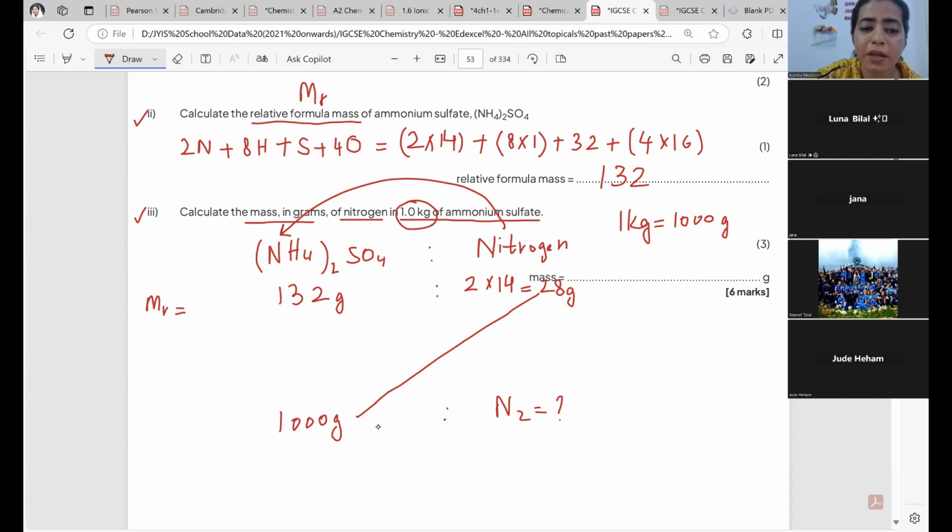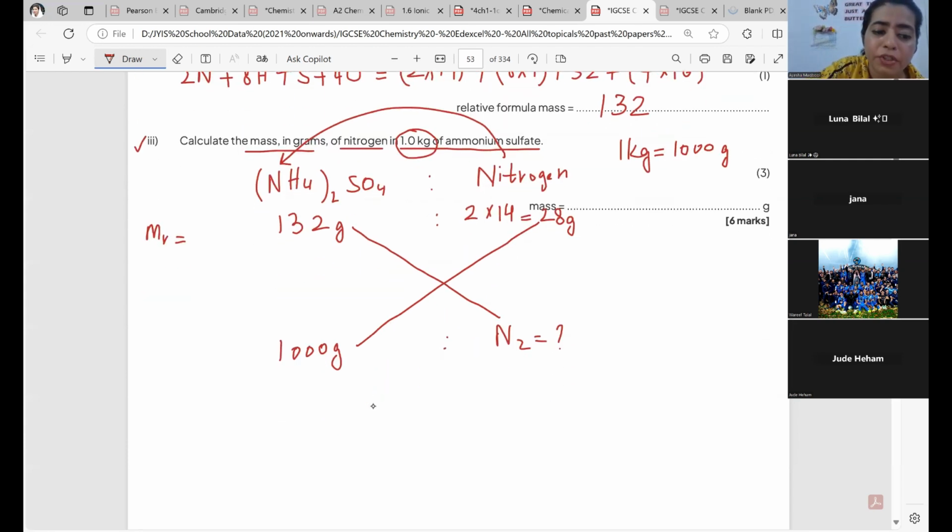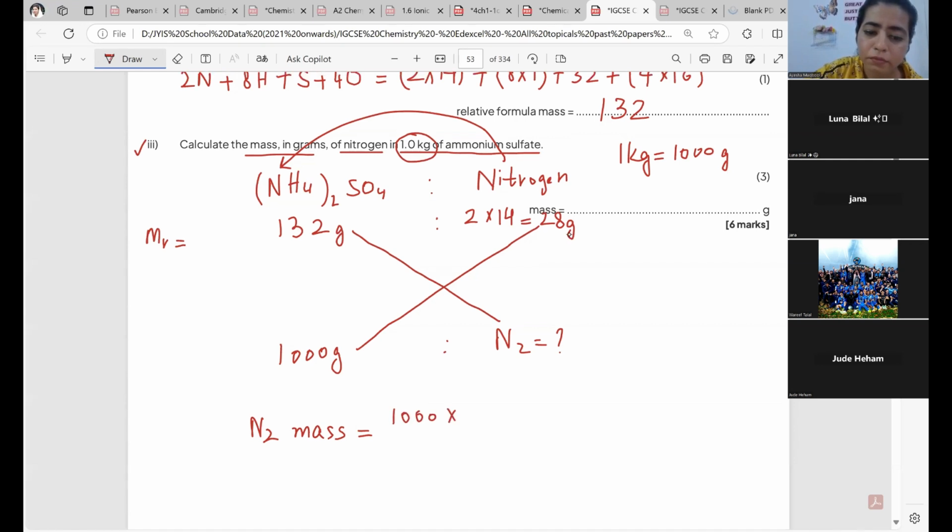Cross multiply 1000 with 28, and for nitrogen, which we have to find, let's say X. So your mass of nitrogen will be equal to 1000 multiplied by 28, divided by 132.